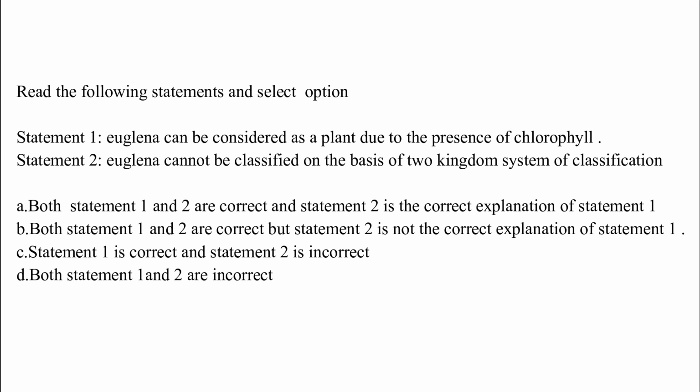Option B, both statements 1 and 2 are correct but statement 2 is not the correct explanation of statement 1. Option C, statement 1 is correct and statement 2 is incorrect. Option D, both statements 1 and 2 are incorrect. The correct answer is option B, which is both statements 1 and 2 are correct but statement 2 is not the correct explanation of statement 1.